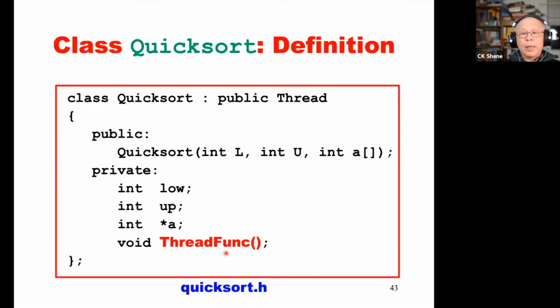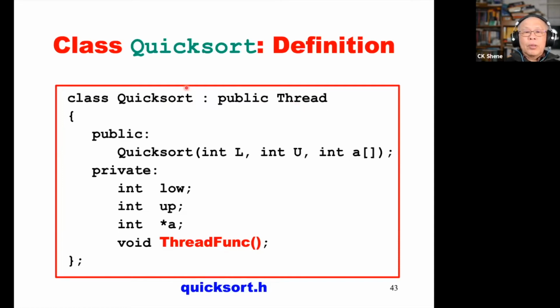Now let's write a program. Quicksort.h. Always remember, it's good for you to separate your policy and mechanism as we discussed in the first lecture of this unit. So the specification part is the policy, which is the .h. So we're going to define a class called Quicksort, which inherits everything in the public section of the thread class.